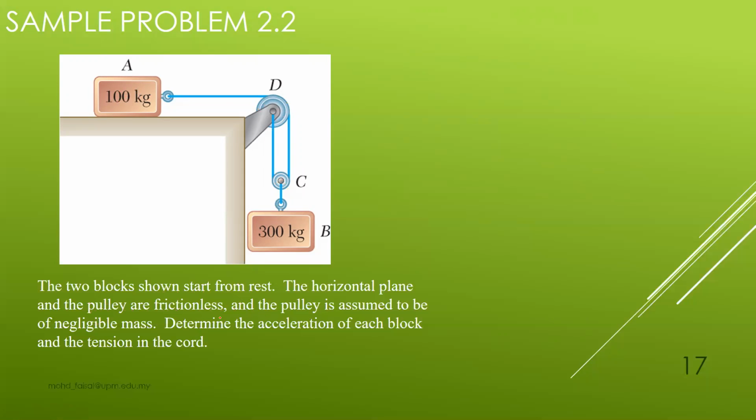And the weight of the pulley is not counted in this analysis. Determine the acceleration of each block and the tension in the chord. Chord is this blue line here. Whether one calls it chord, line or rope, it depends.